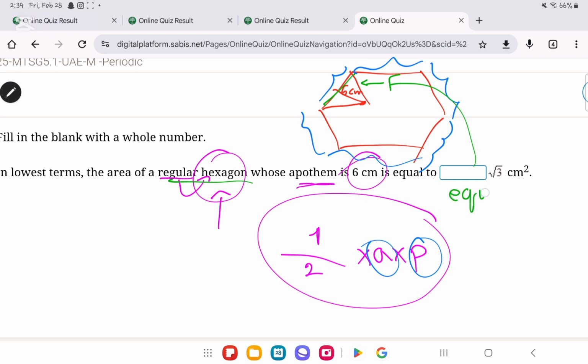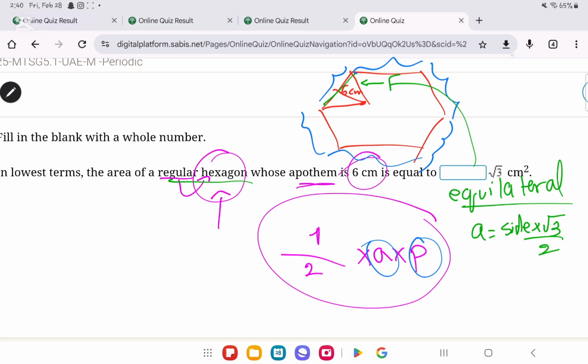In the equilateral triangle, to find the side or the hypotenuse, given the apothem, always the apothem is equal to what? It is equal to side times radical 3/2.